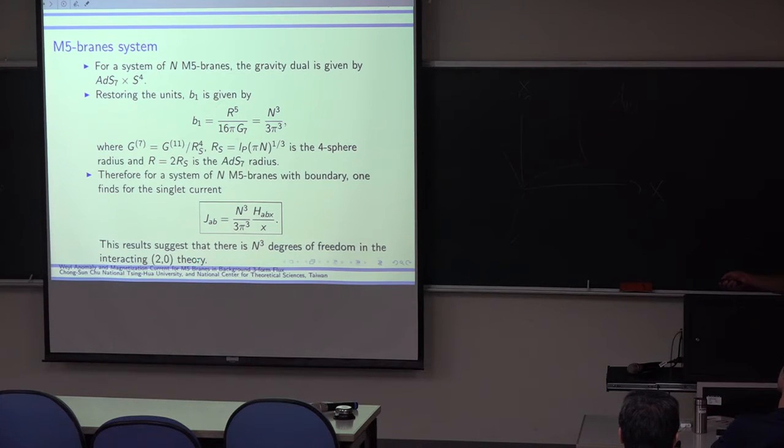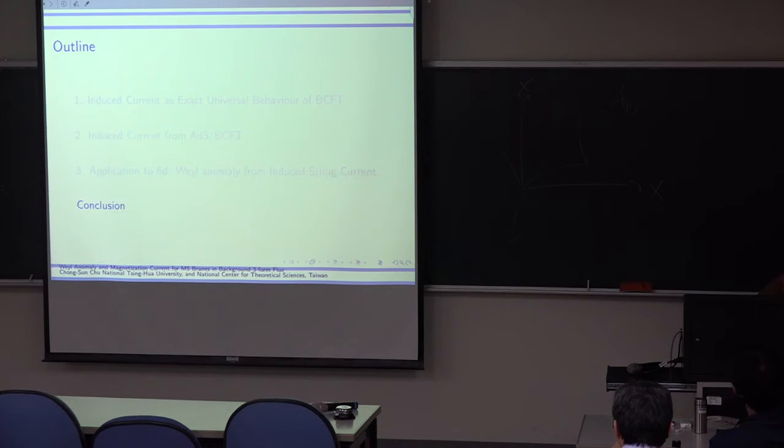So probably the whole (2,0) theory has N cubed degrees of freedom. There's a missing link here. Of course, it's possible that some degrees of freedom in the (2,0) theory are neutral to the B field, but it's probably not the case because this is usually a maximally supersymmetric theory, and everything is related to each other under supersymmetry. So in any case, it suggests that there are N cubed degrees of freedom in the (2,0) theory.